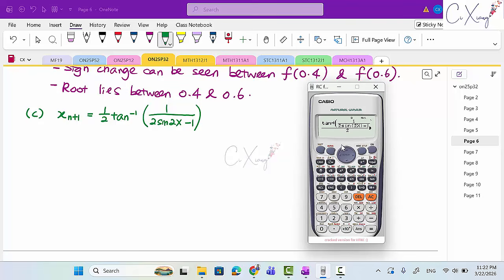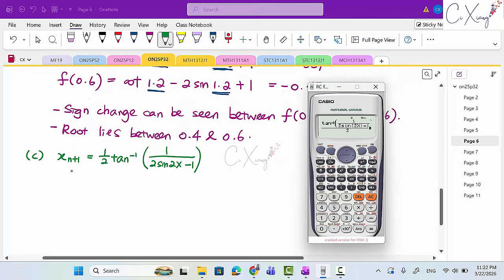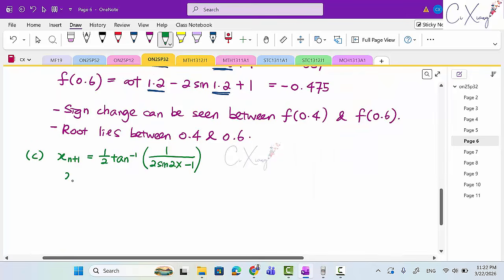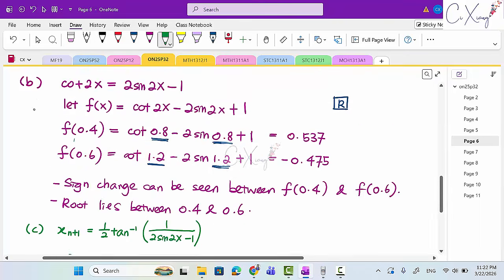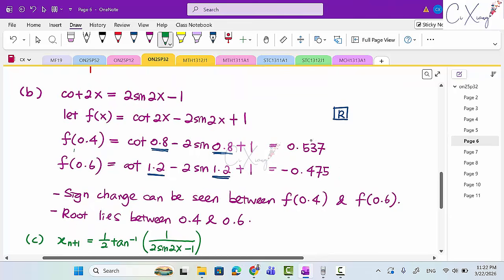Now before we start the calculation, we need to decide the initial value. For this question, they didn't mention what initial value you should use. Therefore, you can use any initial value that you like. For me, usually I will refer to the value in part B, where the sign change method shows the root is between 0.4 and 0.6.